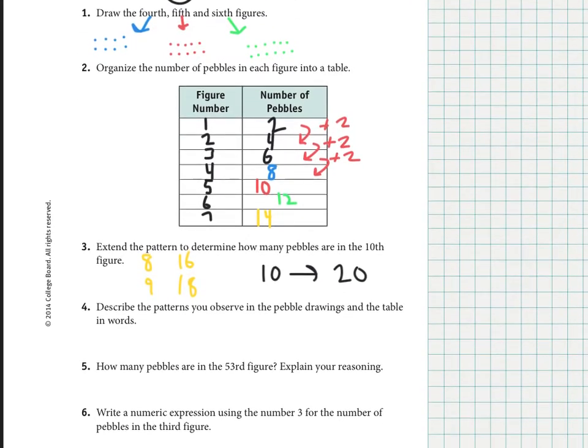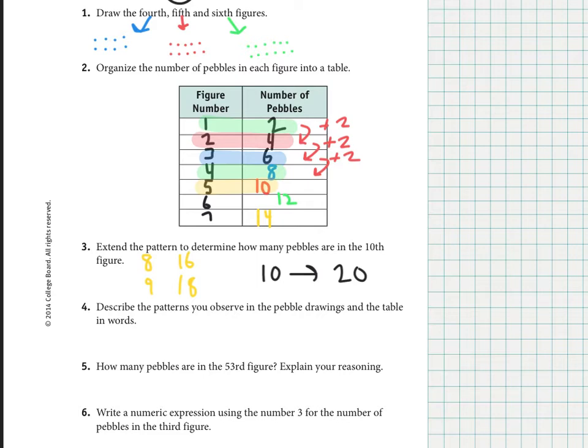Okay, so could we then figure out how many pebbles are in the 53rd figure? Would we really need to extend our table, or would we need to draw all 53 figures? Or can you see a relationship going on with these values? If you remember, each time you add a new figure, it's just adding 2 more dots, because it's adding 1 to the bottom row and 1 to the top row.